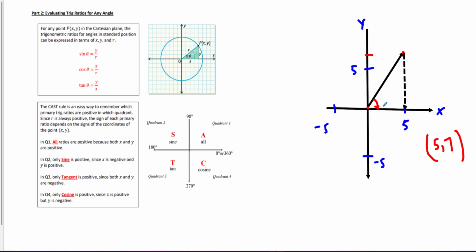How do we know? Well, easy. I know the distance from here to here is 5, common sense, because this is 0 and this point is 5. So from 0 to 5, obviously this is 5. I know the height is going to be 7, because I know that this point is 7.